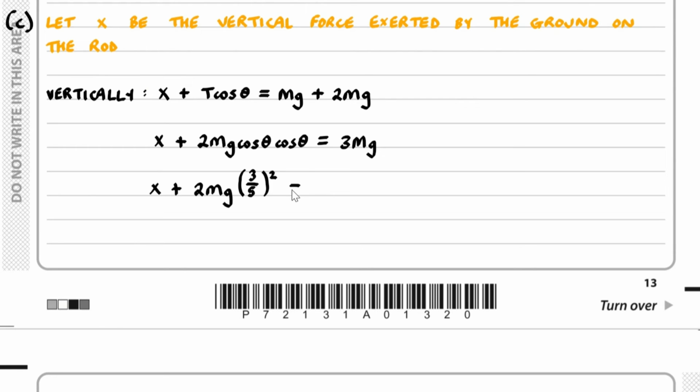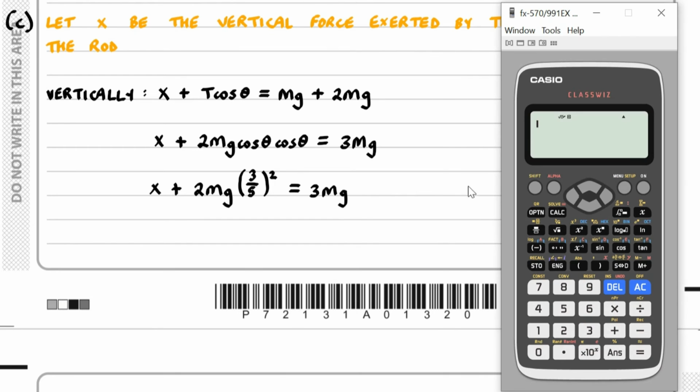And then if I do 3 take away this, we get 57/25 mg. So X will equal 57 mg over 25 newtons.